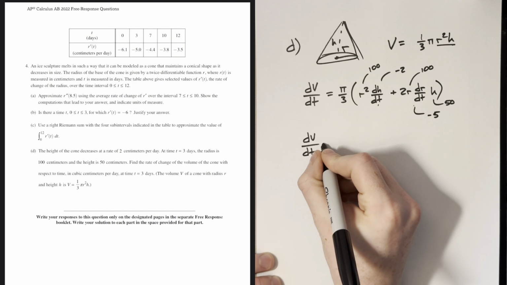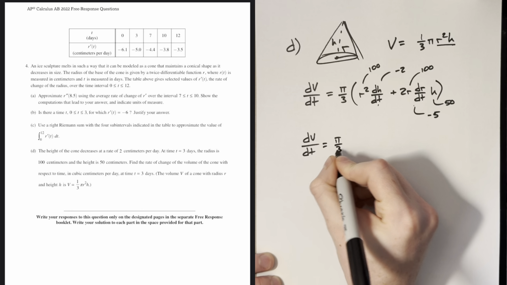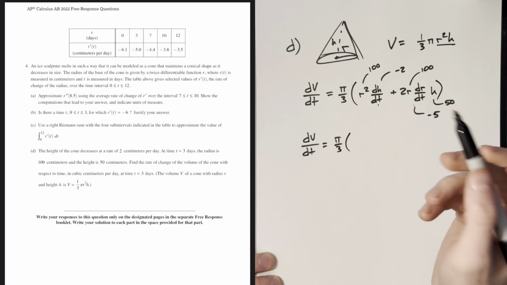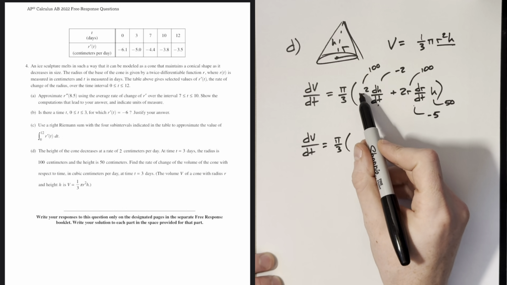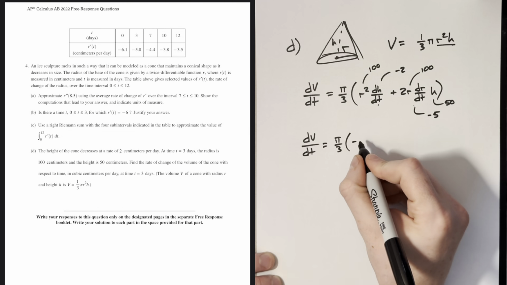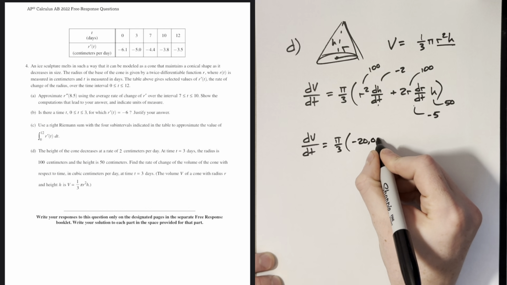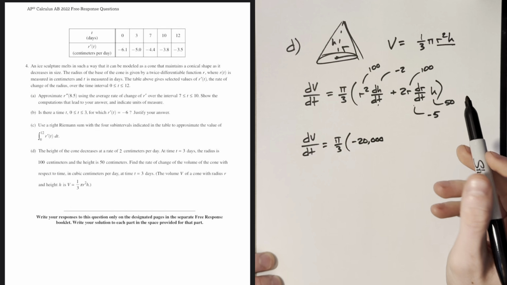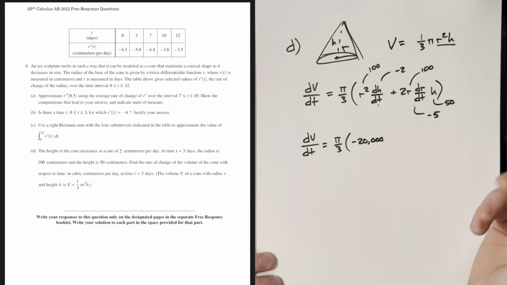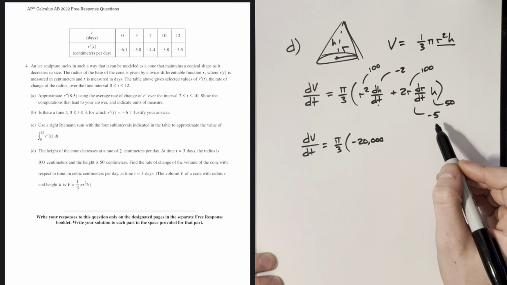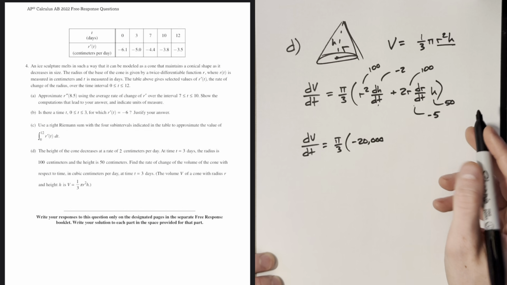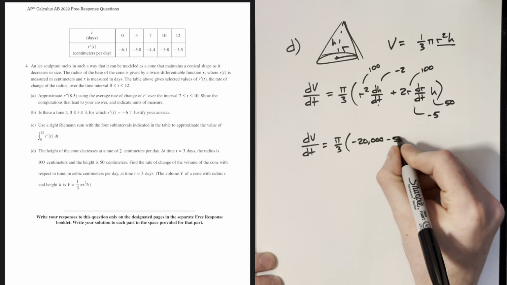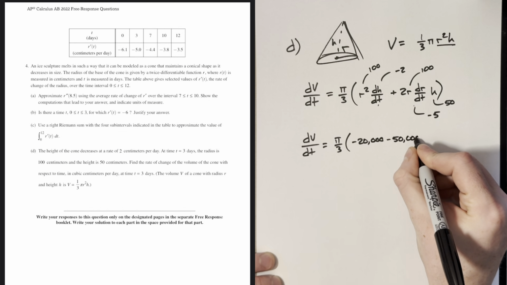So we have to do some arithmetic. Still got that pi over 3. I'll get 100 squared, which is 10,000, times -2, so -20,000, plus 2 times 100, which is 200, times -5, which is -1,000, times 50, so -50,000.